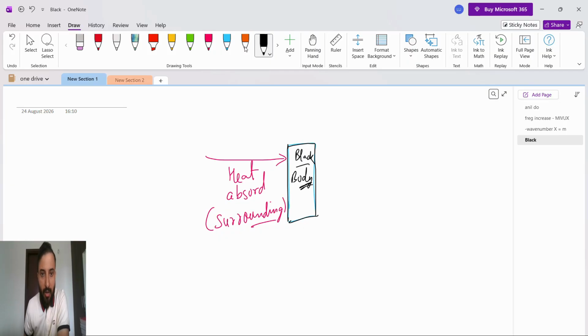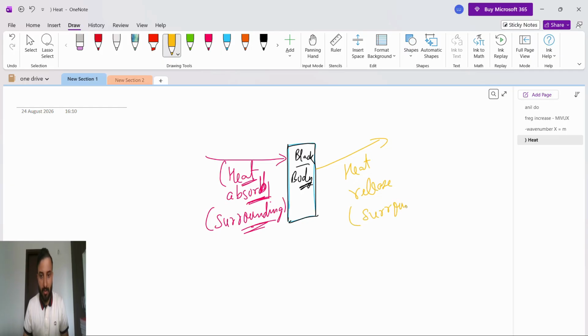Okay, so what is happening guys, this is the black body. So how much amount of heat is absorbed by the black body from the surrounding? How much amount of heat is absorbed by the black body from the surrounding, that much heat it will release to the surrounding, because it is a perfect, ideal black body.